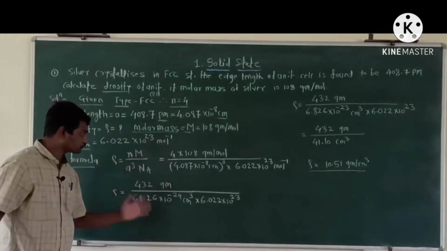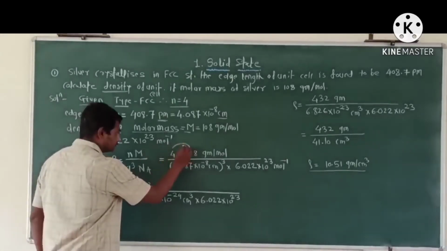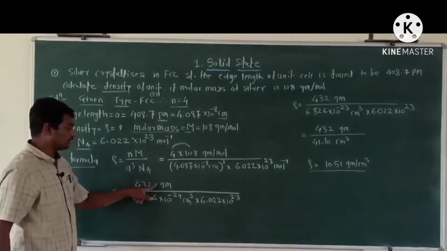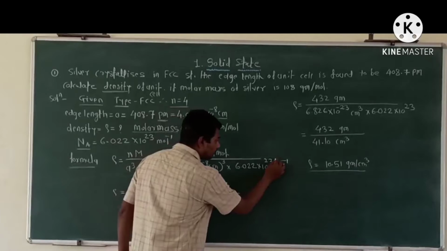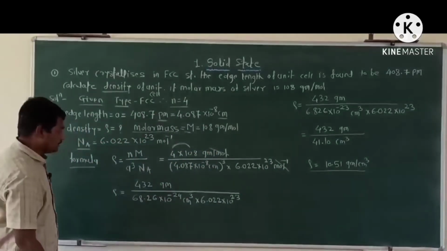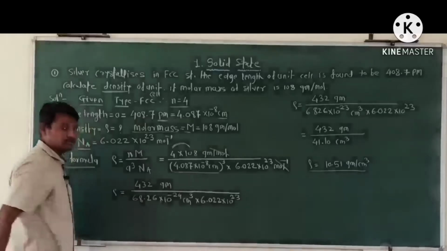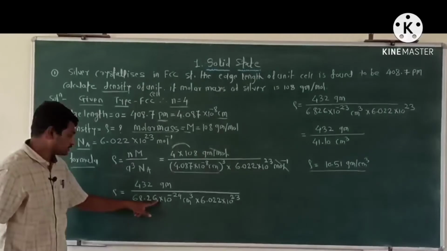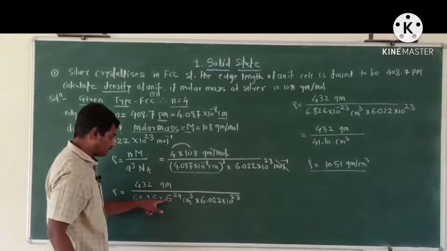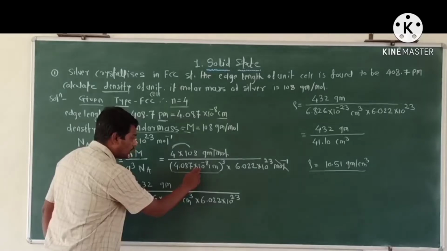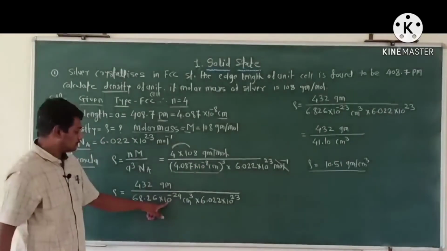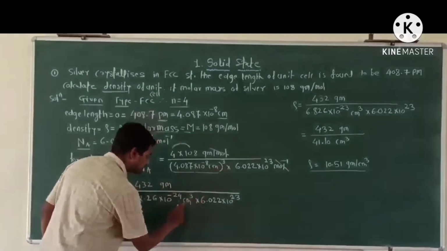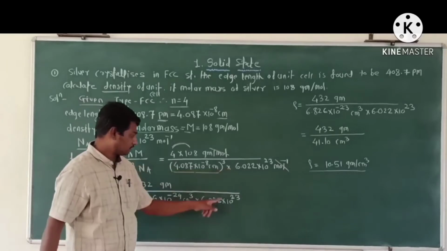Solve this equation. Okay, first multiply 108 by 4, we get 432 gram per mole. Okay, solve this bracket. The cube of 4.087 is 68.26 into 10 raised to minus 24. Cube of 10 raised to minus 8 is 10 raised to minus 24, and centimeter is converted into centimeter cube, into Avogadro's number.